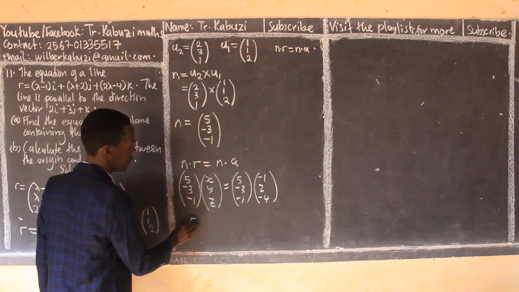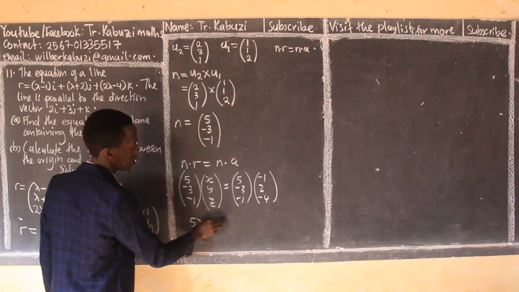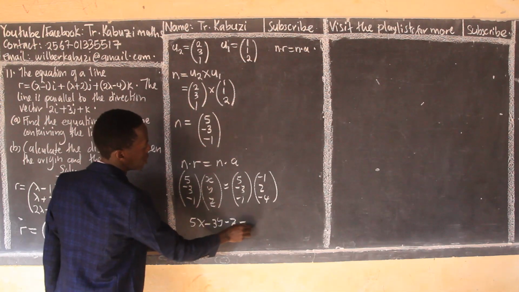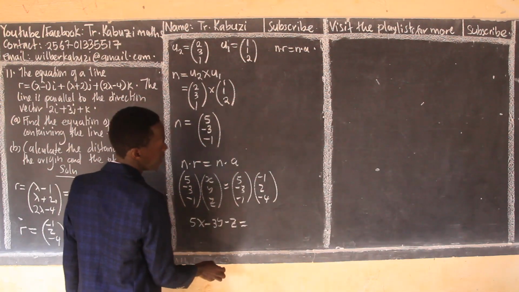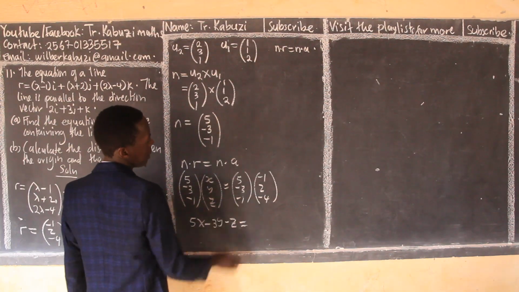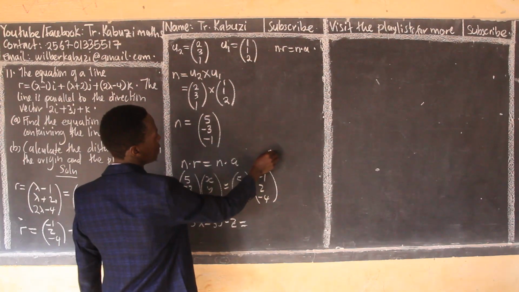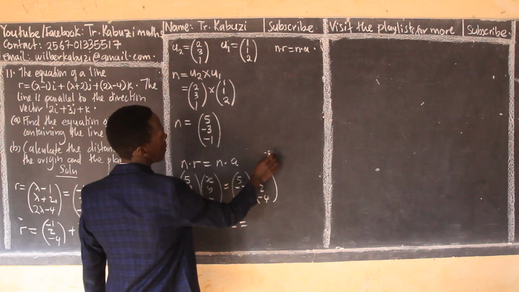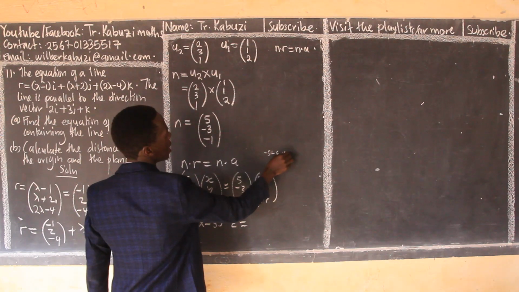This gives 5x minus 3y minus z equals -5 minus 6 plus 4.